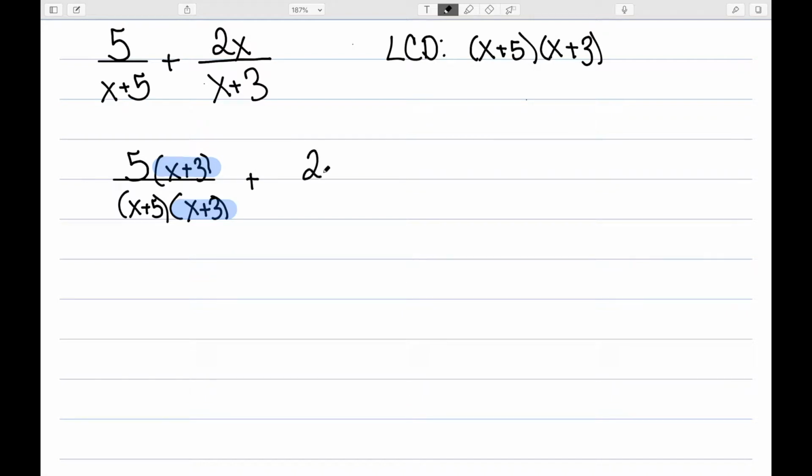For the second fraction, 2x over x plus 3, in order to make this denominator look like the least common denominator, I need to do an x plus 5. And if I put it on the bottom, I also need to put it on the top.